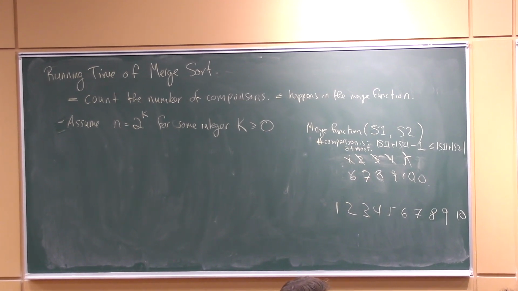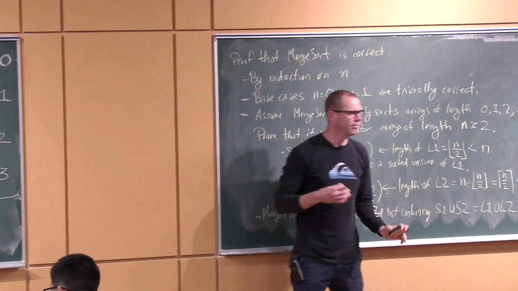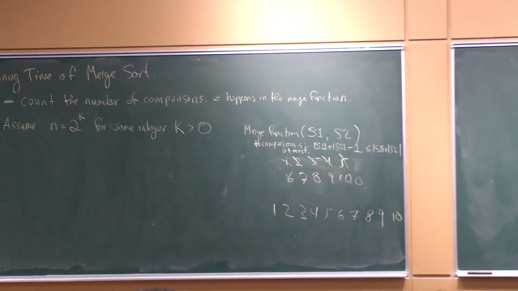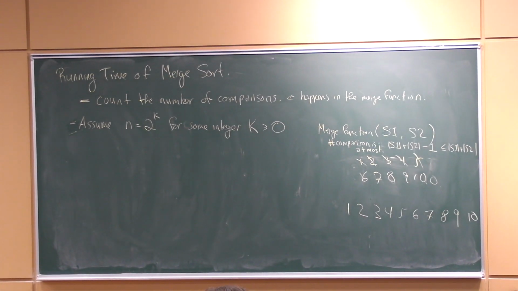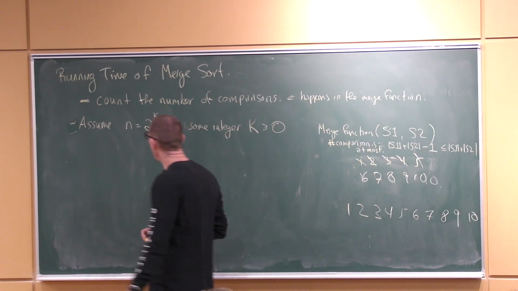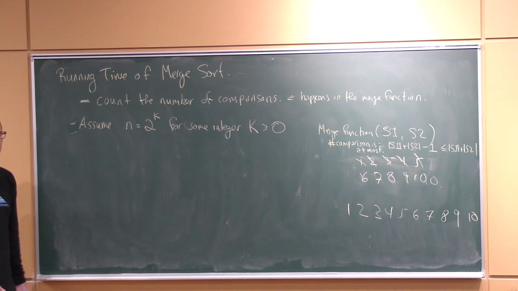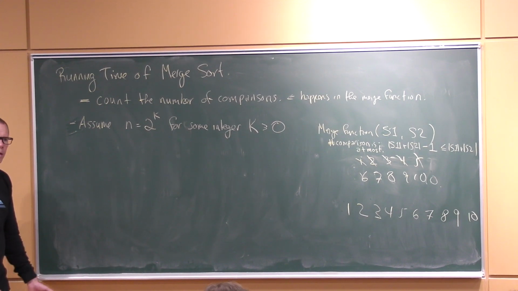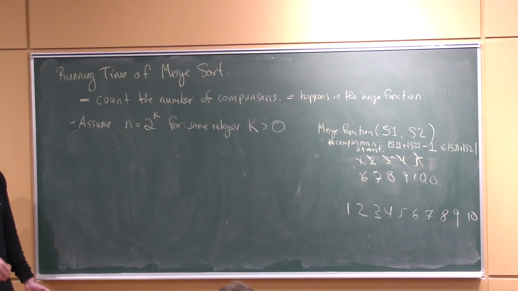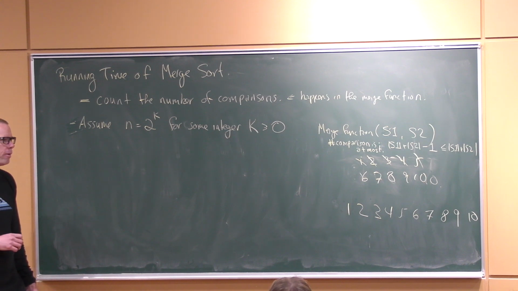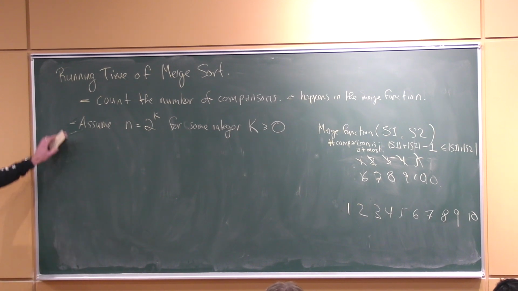Or they're not a problem, but they mess up your calculations without actually teaching you much more about the problem. So when n is a power of 2, then every time you take n and divide it by 2, you get an even number. And then you can divide it by 2 again and you get an even number until eventually you get down to 1. Okay, so we're going to assume this.